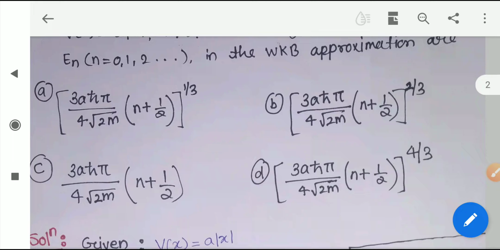Okay, and just remember this, I have already explained about this in my previous videos also: how to solve the WKB approximation method by using the trick and also by using the traditional method. In this video I'm going to solve this question using both methods.